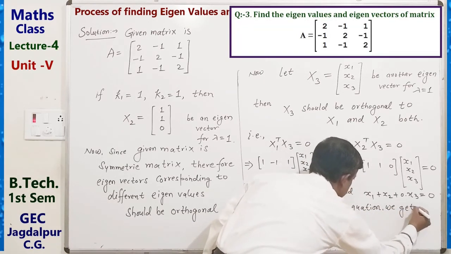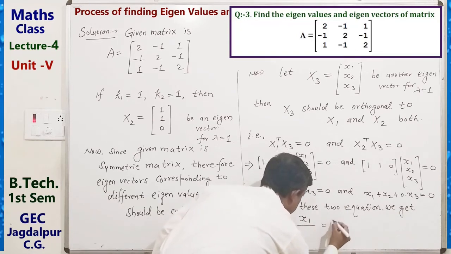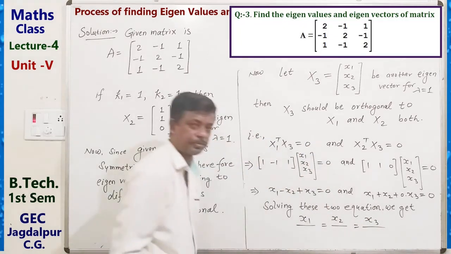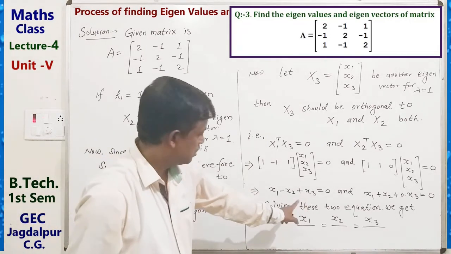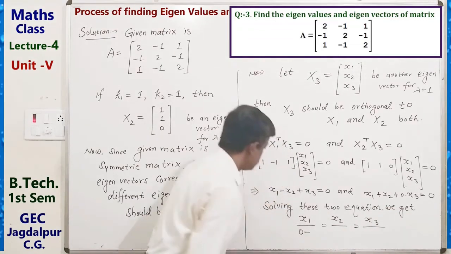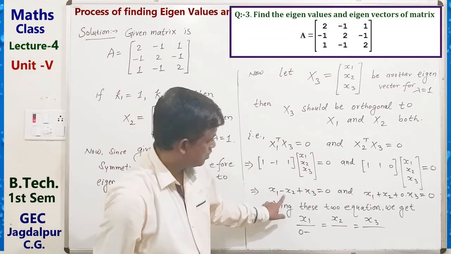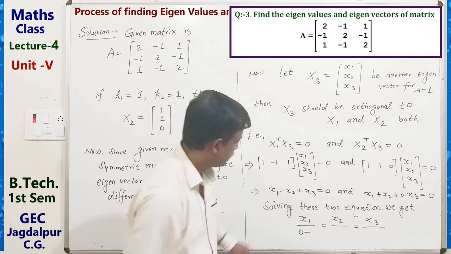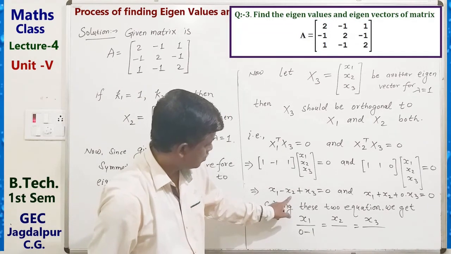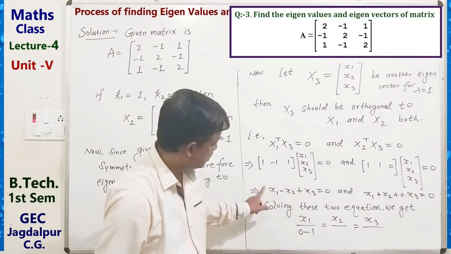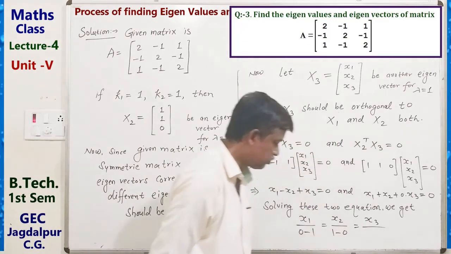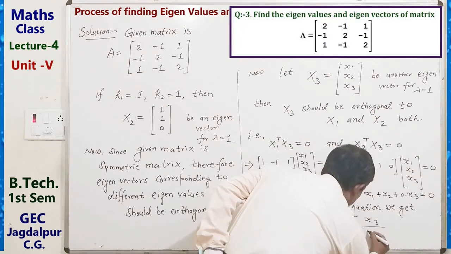we get x1 upon, x2 upon, x3 upon. So x1 upon minus 1 minus 0, x2 upon 1 minus 0, and x3 upon 1 plus 1.